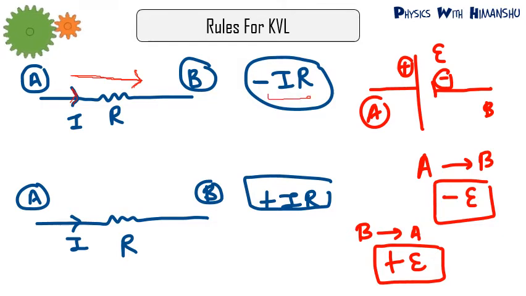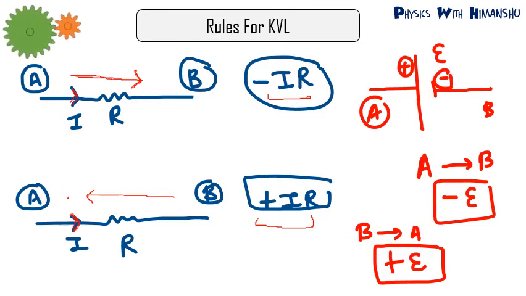And the opposite one, like you are going from B to A, but current is opposite to your motion, then you have to write plus IR. So if your direction and direction of current is parallel, minus I into value of resistance, and if your direction is opposite to direction of current, then plus I into resistance.